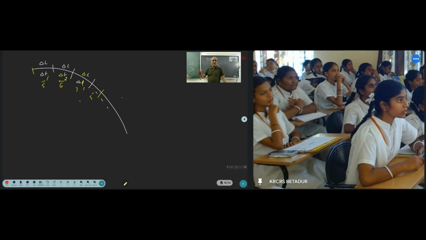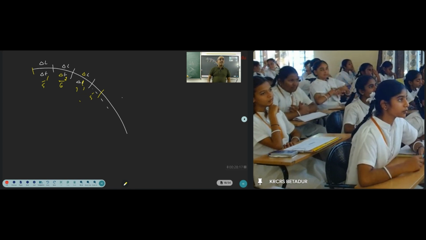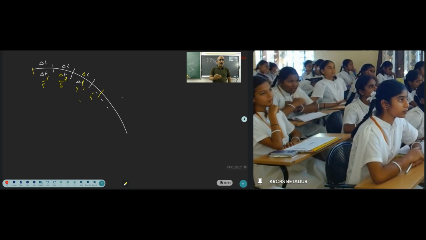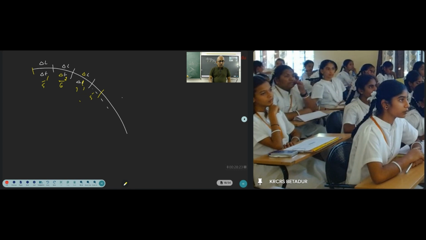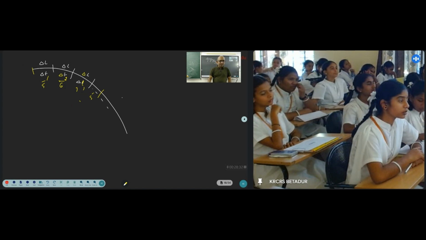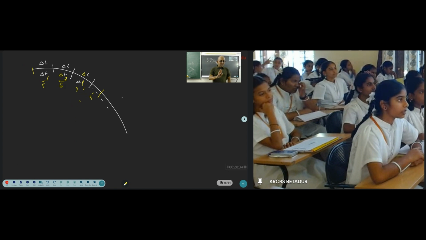Non-uniform motion. Yes. So if the body travels equal distance in unequal intervals of time, or unequal distance in equal intervals of time, then it is performing non-uniform speed. Understand that? Yes, sir. Very good.